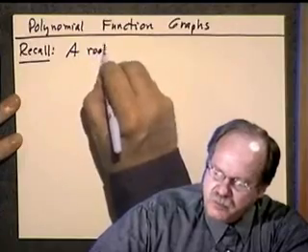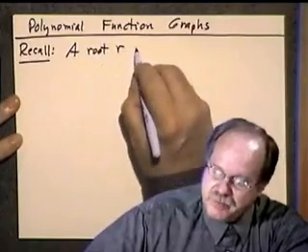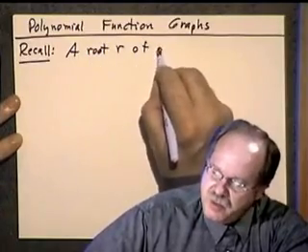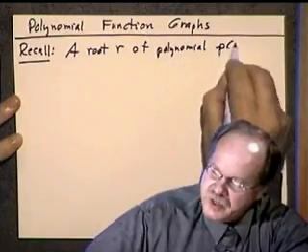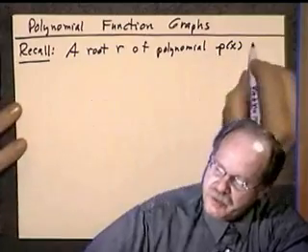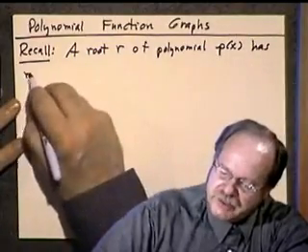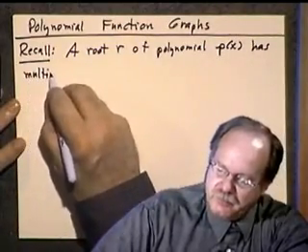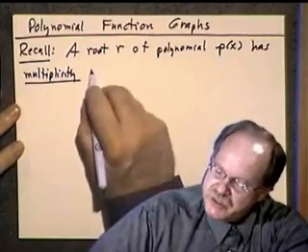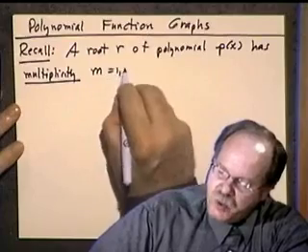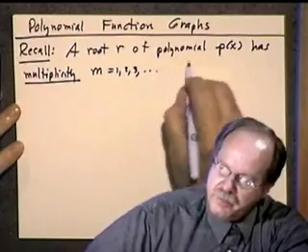A root, which we'll just label by r here, a root r of a polynomial, and we'll name the polynomial, say, p of x, p for polynomial, has what's called multiplicity. So a root has multiplicity, and we'll use the letter m, which will be 1, 2, 3, and so on.